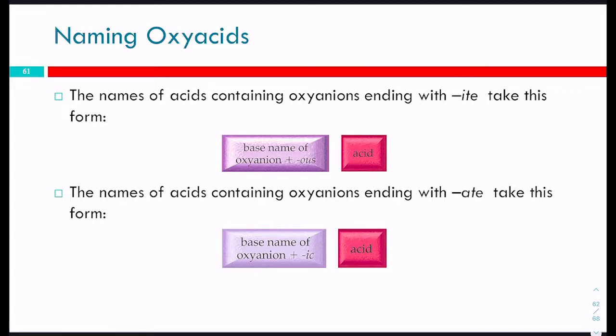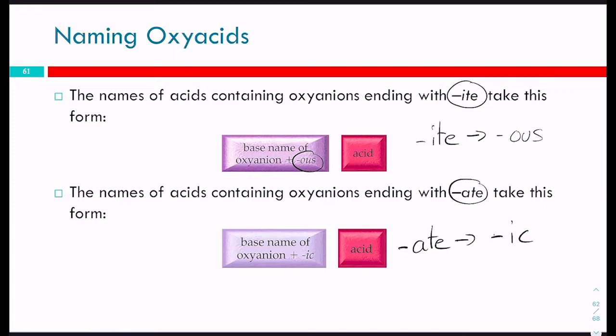So for ITE, we change it to OUS. Swap it out. For ATE, it becomes IC.